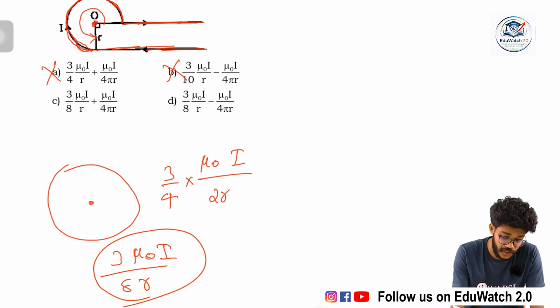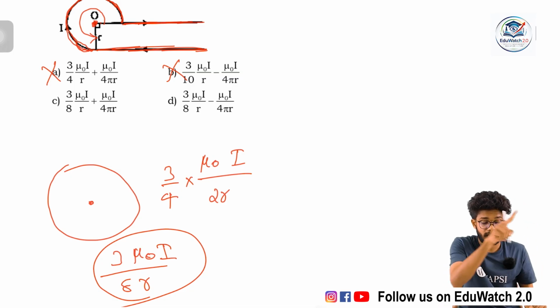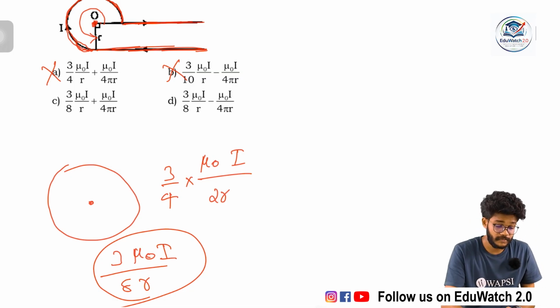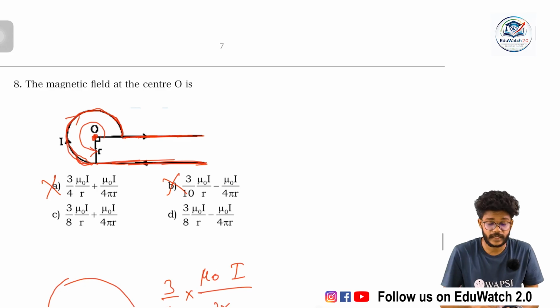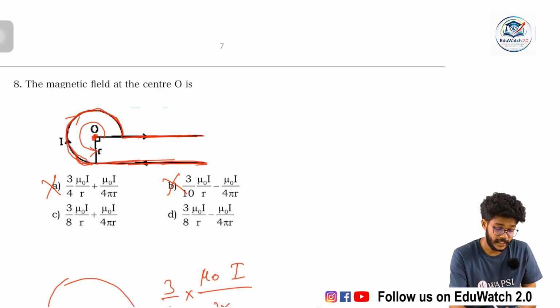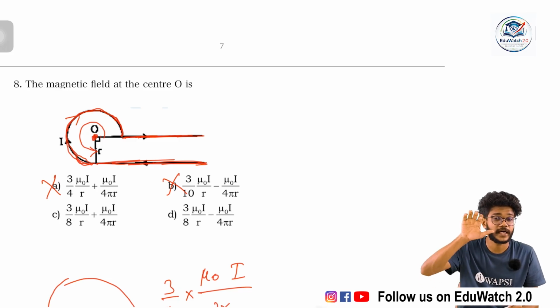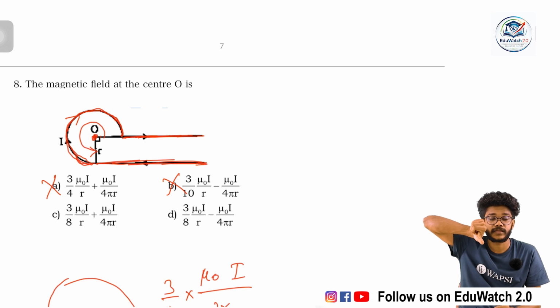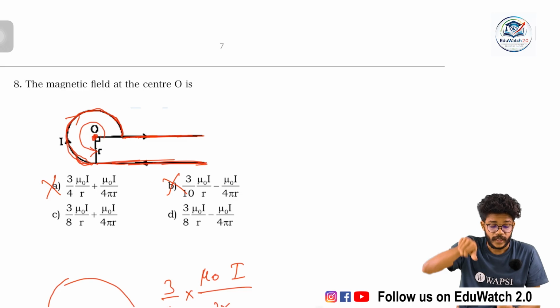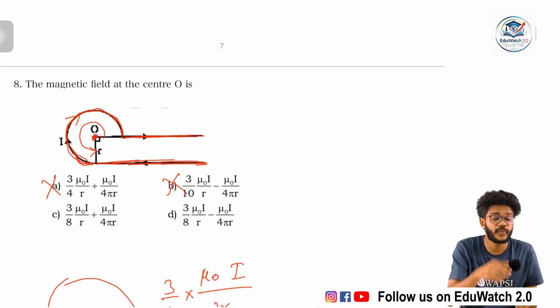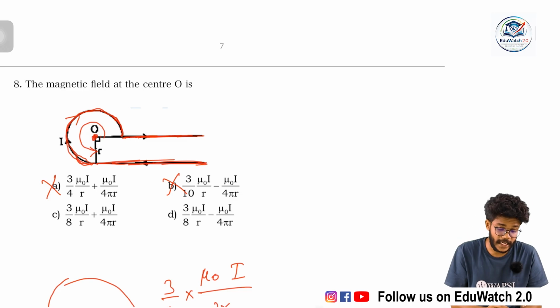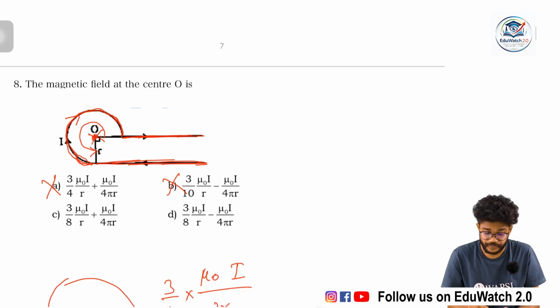Okay, in addition to that, there is a magnetic field from the line. The current is revolving in a clockwise direction here, so the magnetic field should be into the page by the right hand thumb rule. If we place our fingers in the direction of clockwise, the thumb points into the page.